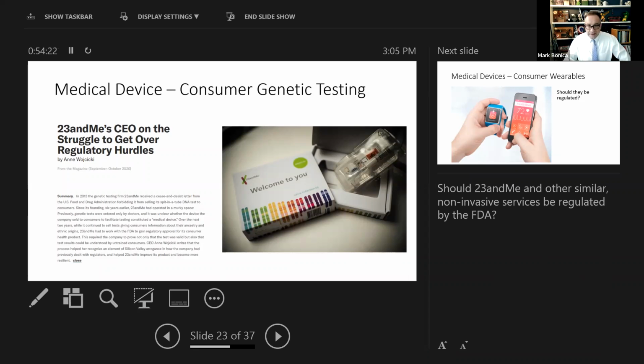But the argument that actually wins the day is we don't want people to get this information out of context without somebody to properly interpret it for you. I can see the value there, right? I'd freak out if the report came back saying you have double the chance.